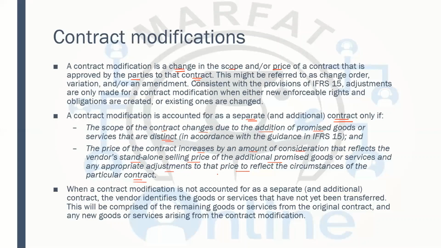When a contract modification is not accounted for as a separate contract, the vendor identifies the goods or services that have not yet been transferred. You know, like I remember once there was a sale, a discount, and I went. There's a brand, Levi's or Denizen. So they said if you are going to buy one shirt, then you have to pay full.